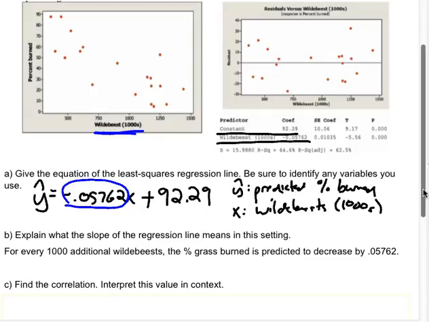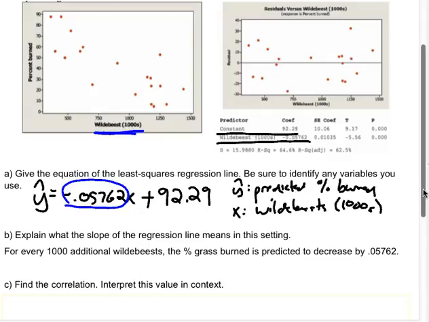So that is something that's very important too, is note if there's any unit like that. So here when x increases by 1, really that's 1,000 wildebeests, okay? And the percent burned is predicted to decrease by 0.05762. It decreases by that value because the slope is negative.